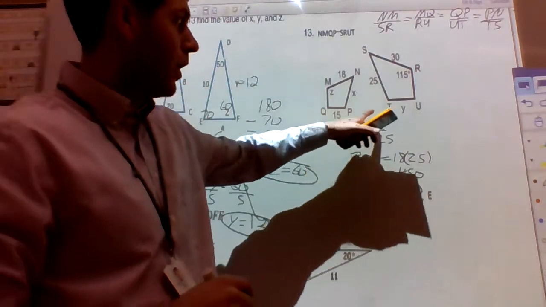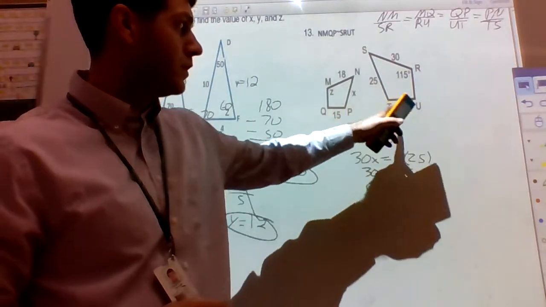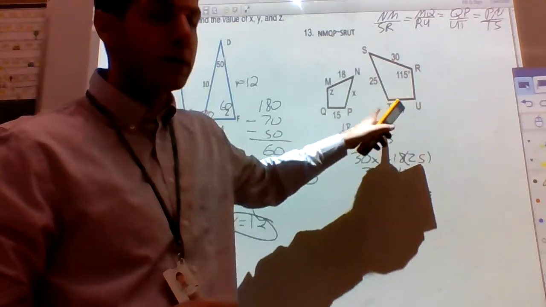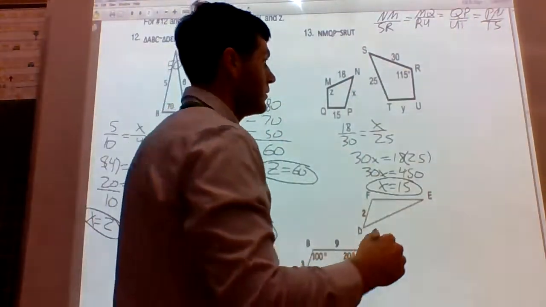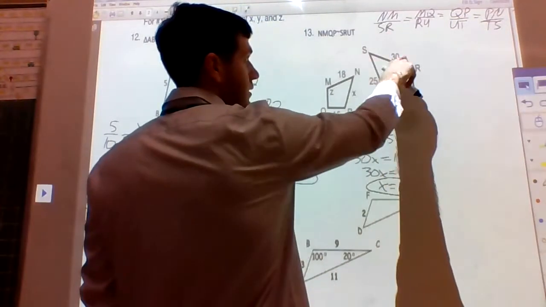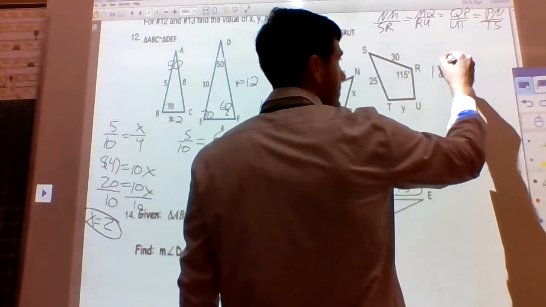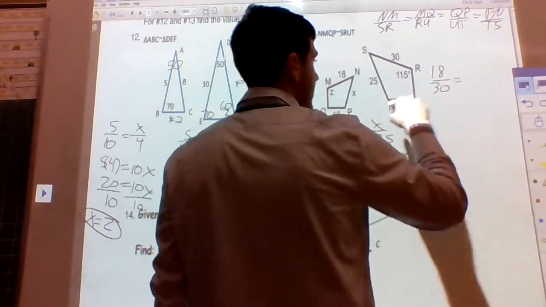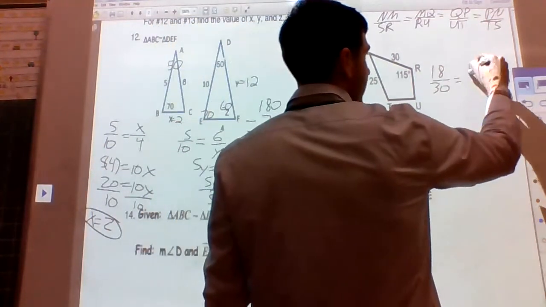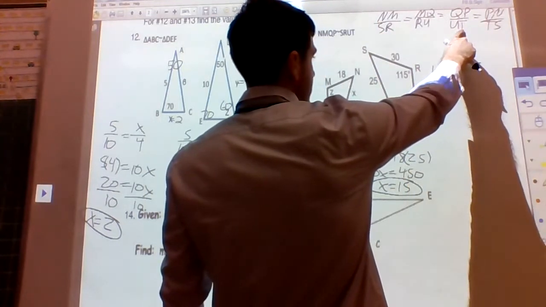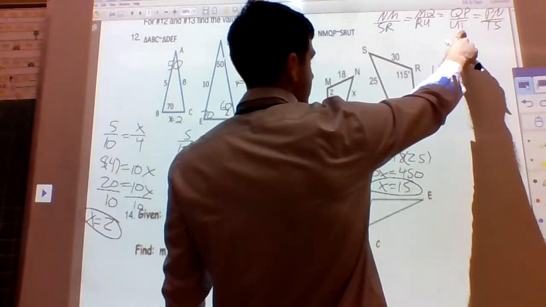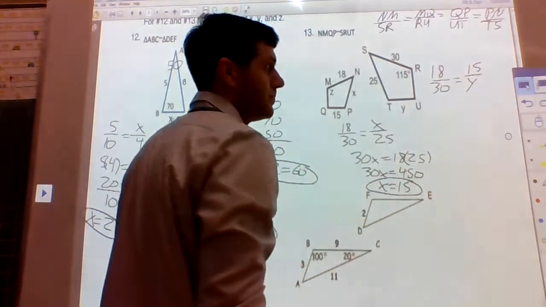And then Y is the other one we need to find. We know 15 is going to correspond with Y. QP and UT. So we can use 18 over 30 again. 18 is to 30 as 15 is to Y. NM over SR equals QP over UT.